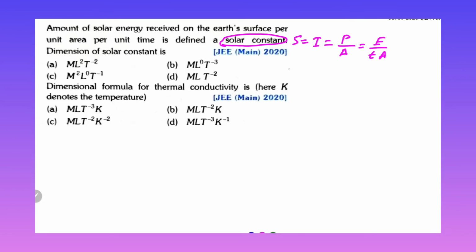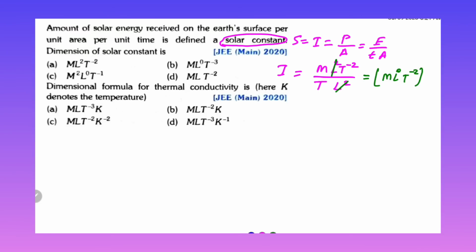So intensity is equal to energy, which means work done, that is force into displacement. Force means mass into acceleration, into displacement, divided by T, and this is area which can be taken as L square. So we can cancel out this L square and finally write the dimensional formula for intensity as M L power 0 T power minus 3.